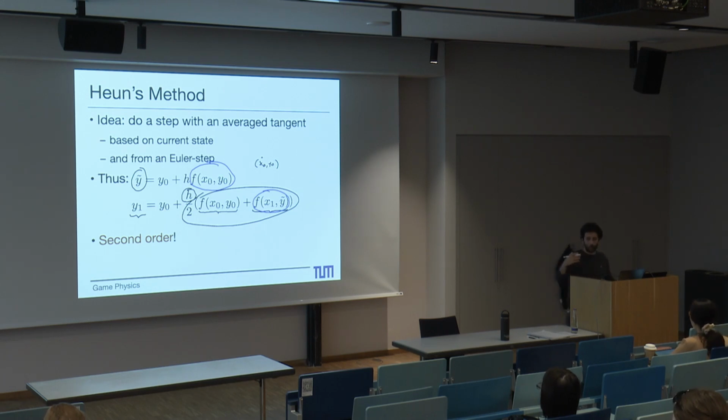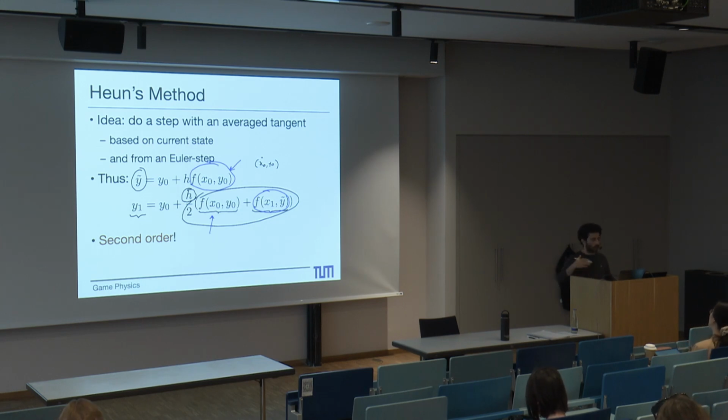From a mathematical point of view, this is an additional, third evaluation of the function, but if we are smart enough, when we are programming this, we can just save this value and store it somewhere.